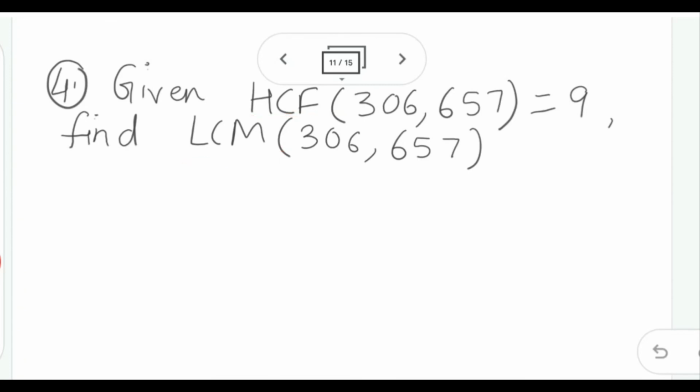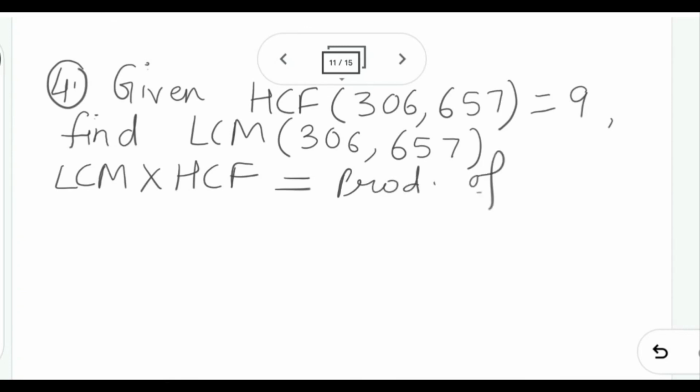Then we will not start solving by prime factorization method. We can apply the formula which we have learned, that LCM into HCF equals to product of 2 numbers. Since we are knowing one of the terms from LCM and HCF, if we know one thing, we can definitely find other thing by using this formula.